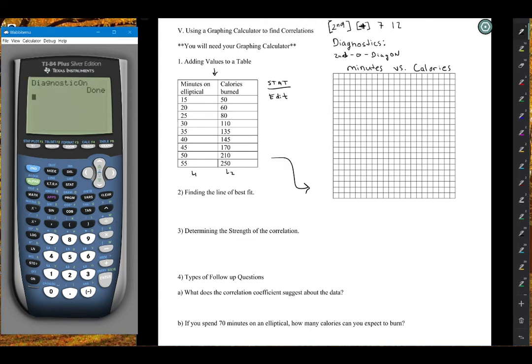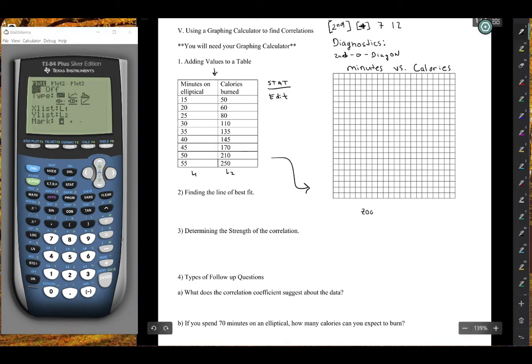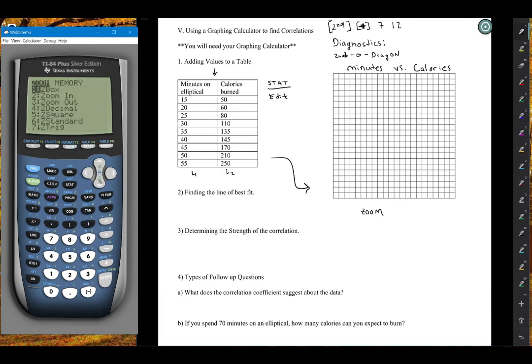To get an idea as to what this looks like on a graph, first we need to turn on our scatter plot, which is second y equals. Scatter plot off, if you just hit enter, and on, we can turn it on. And then to see what it looks like, you're going to use zoom, the middle button, and go down to stat.